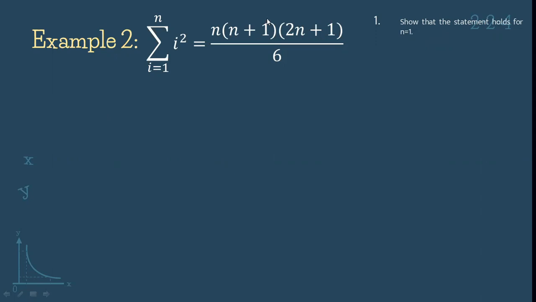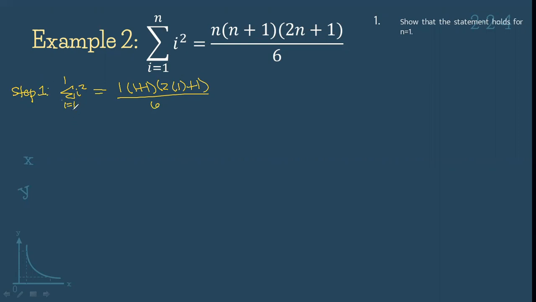So first, let's change n to 1. So we have here step number 1, the summation of i squared from i is equal to 1 is equal to 1 times 1 plus 1 times 2 times 1 plus 1 all over 6.